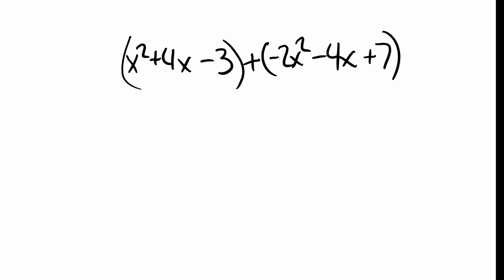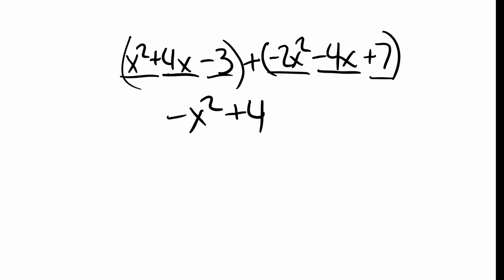And one of the nice parts about this is if you have plus in between two parentheses, it's like the parentheses aren't even there. You can just do x squared minus 2x squared and get a negative x squared. You can do 4x minus 4x and get nothing. And you can do negative 3 plus 7 and get positive 4. Please notice what I did there.